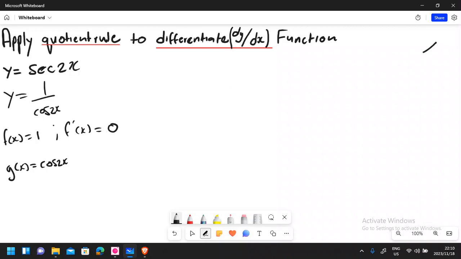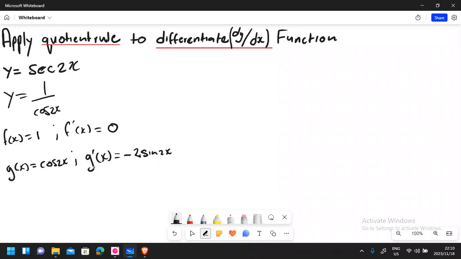Again, if you want to understand this much better, go and watch that video there. There is an explanation of what I just did there. Okay, now let's differentiate the g of x. So the g prime of x is going to be negative 2 sine 2x.